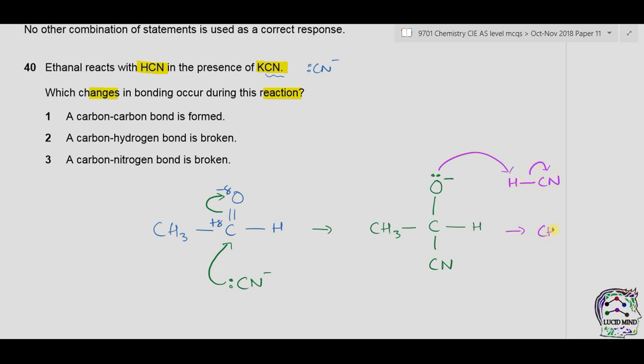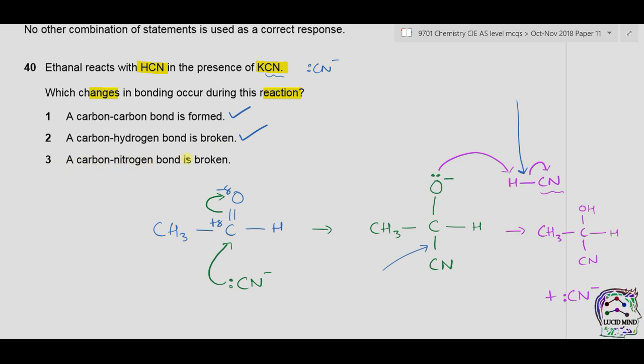Now the product formed is CH3C, OH, CN, H, and this CN becomes separated. 1. A carbon-carbon bond is formed, as we can see that this new bond is formed between carbon and CN, so 1 is correct. Number 2. A carbon-hydrogen bond is broken, as we can see that the bond between this carbon and hydrogen is being broken, so therefore 2 is also correct.